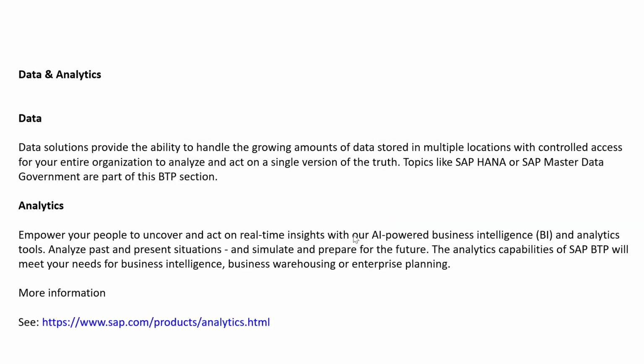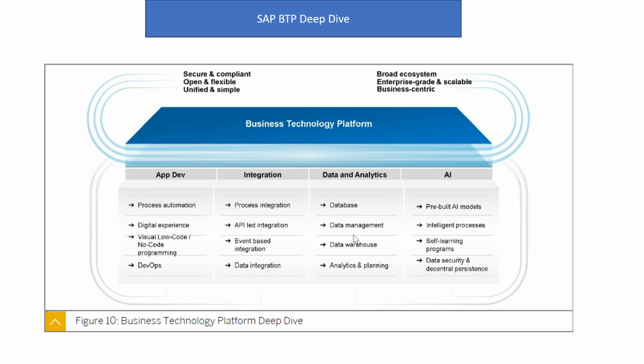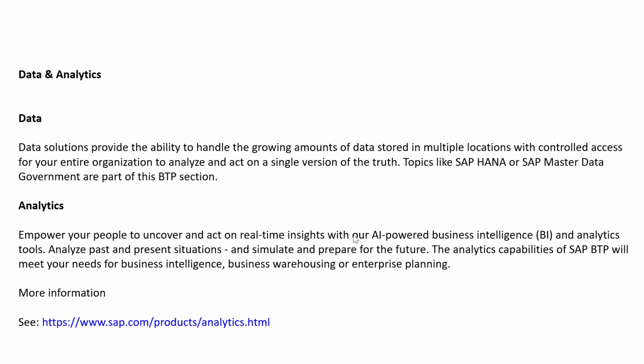So anyhow, when it comes to the SAP HANA database, the capability of the HANA database is to store the data, and along with this, we can also perform the reporting activities on the HANA database. Here, when it comes to the SAP BTP, along with the data, it will also let you perform the analytical operations on the data you store. Got it? Data and analytics.